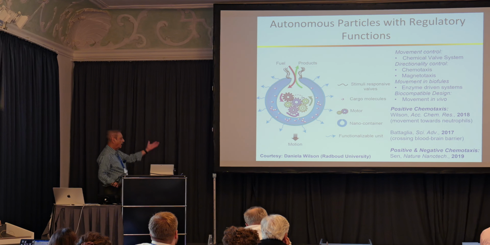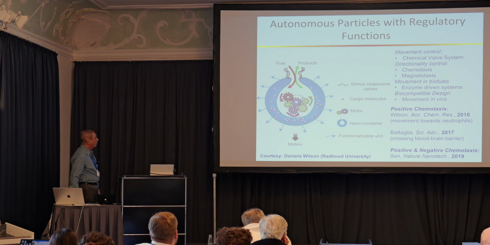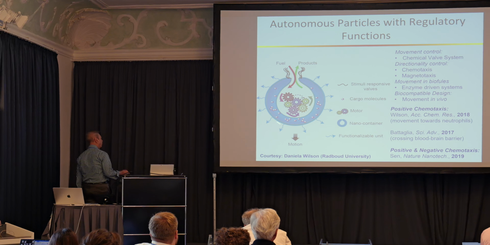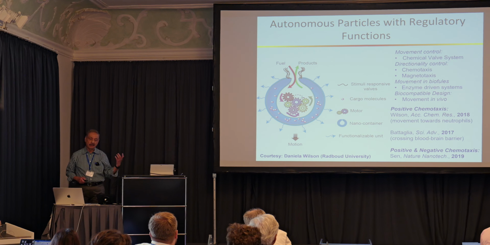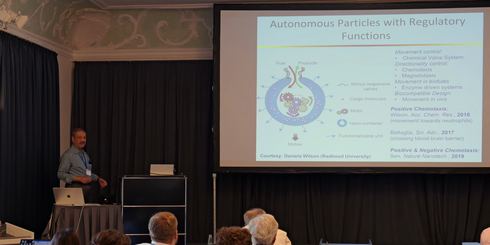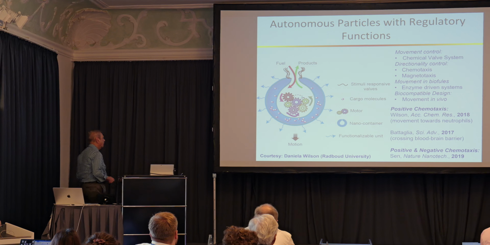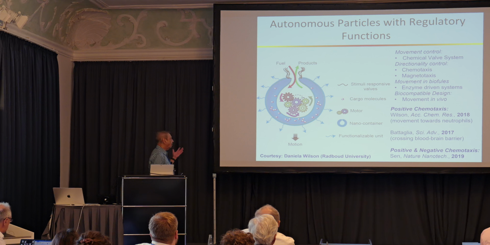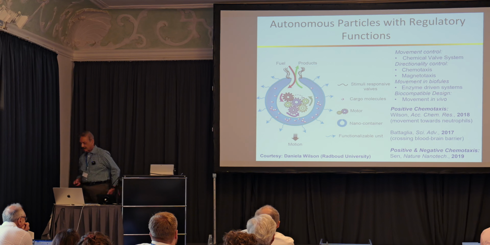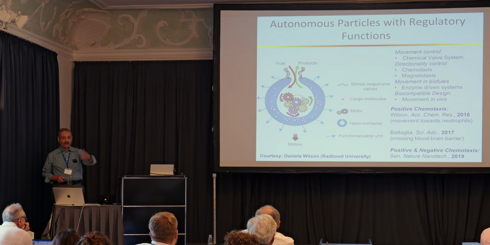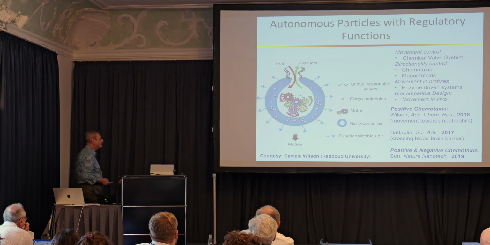Now there's a lot of work. People have been making vesicles and so on, putting in enzymes and loading them up with all kinds of things and using chemotaxis to direct them. You can do positive chemotaxis. A good example is this paper from Battaglia's group, and Giorgio Volpi was part of it.